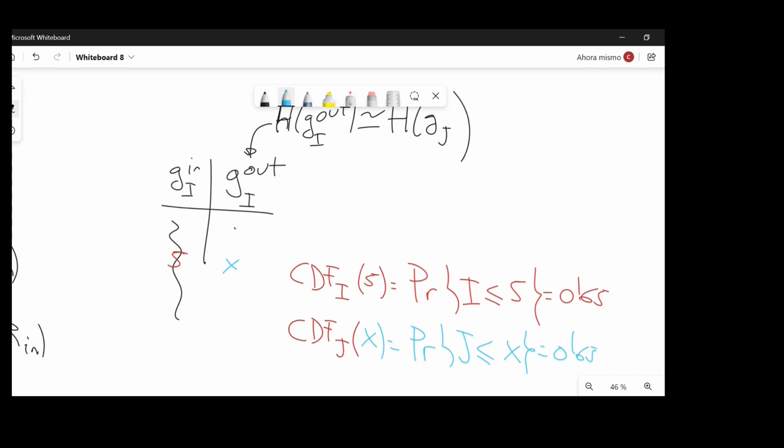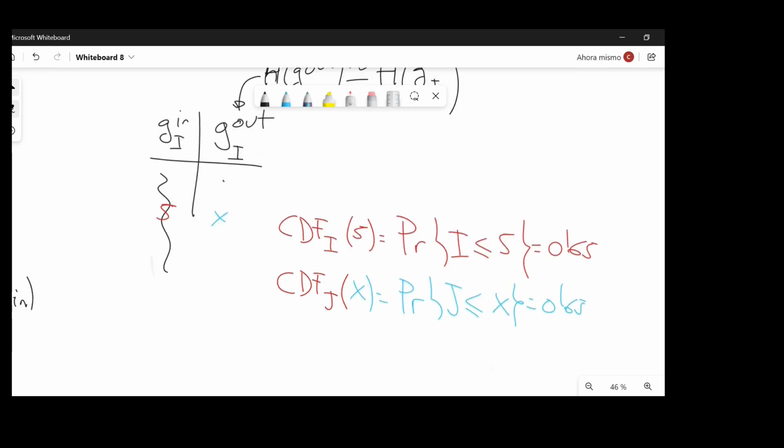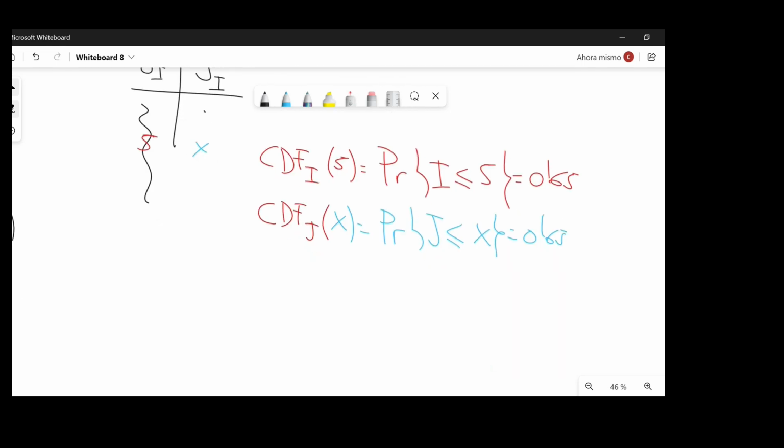I can write this equation in this way. This is the CDF J minus 1 of 0.65. I look for a value X such that the probability of being smaller than that value is 0.65.